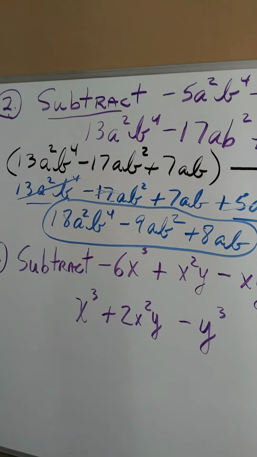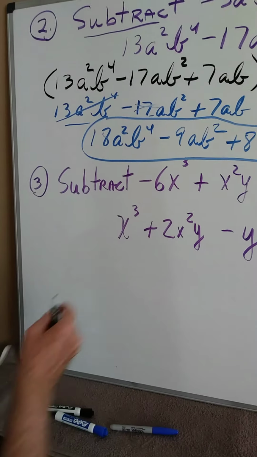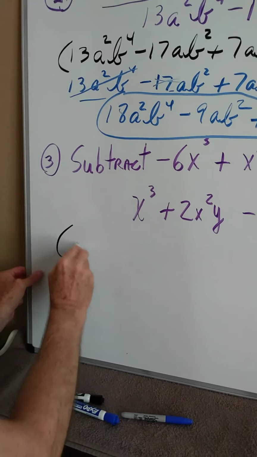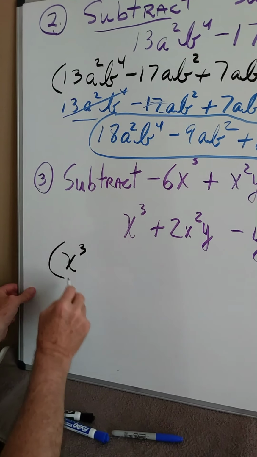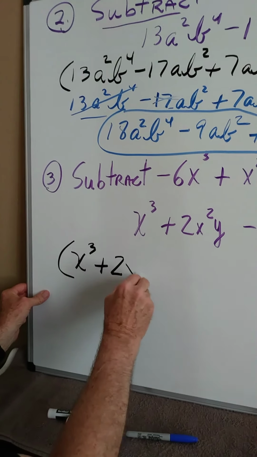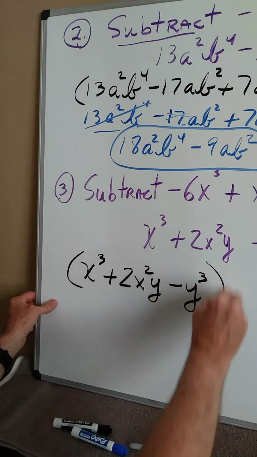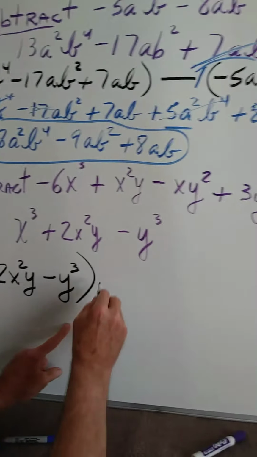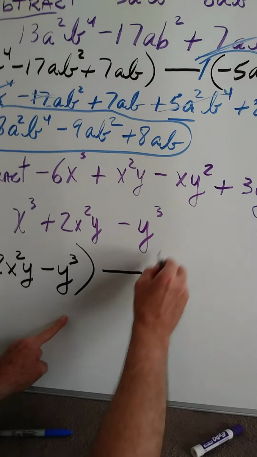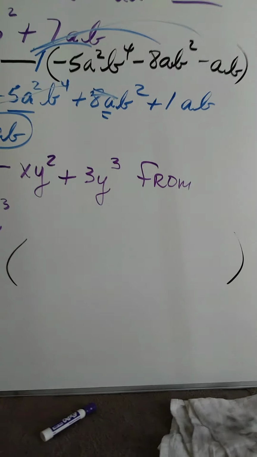Number 3, another one. Subtract this polynomial from this one. Whatever comes after "from" goes first. He's first. The quantity of x to the third plus 2x squared y minus y cubed. Close it off. Then the minus sign. Make another house.